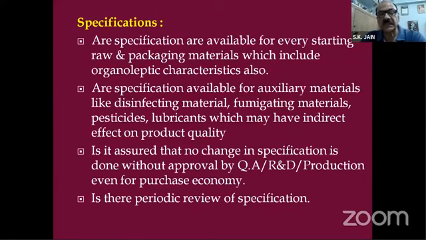Is it assured that no change in the specification is done without approval of the quality assurance people, R&D or production, even for the purchase, economy purchase? Is there periodic review of specifications that we must ascertain?